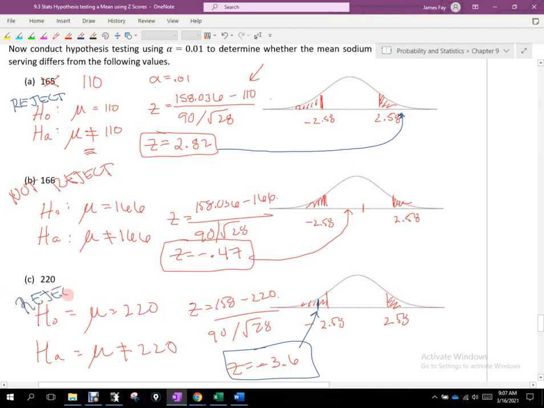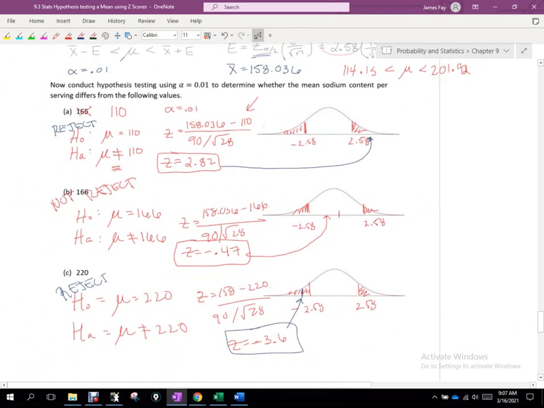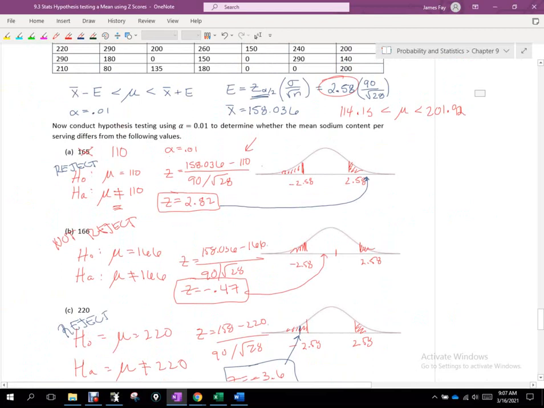So what do I do with that null hypothesis? Reject, right? Okay. Now we haven't made any comparisons yet, but now I want to make a comparison. Think about our confidence interval. Where is 110 on our confidence interval? Is it in the confidence interval or is it outside it? It's outside.